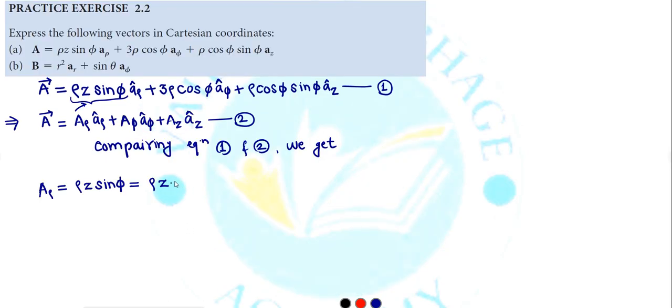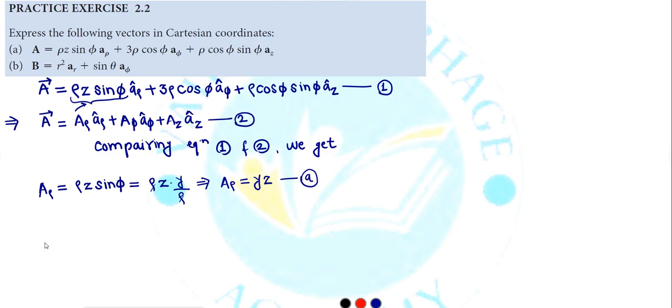What is left? This rho and this rho get cancelled out. So we are left with A rho equals y and z. For your reference, I am going to assign this as equation A.